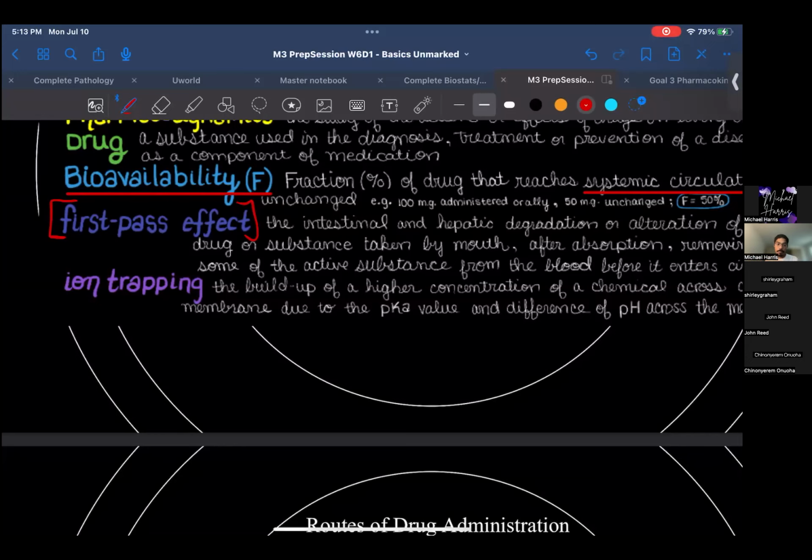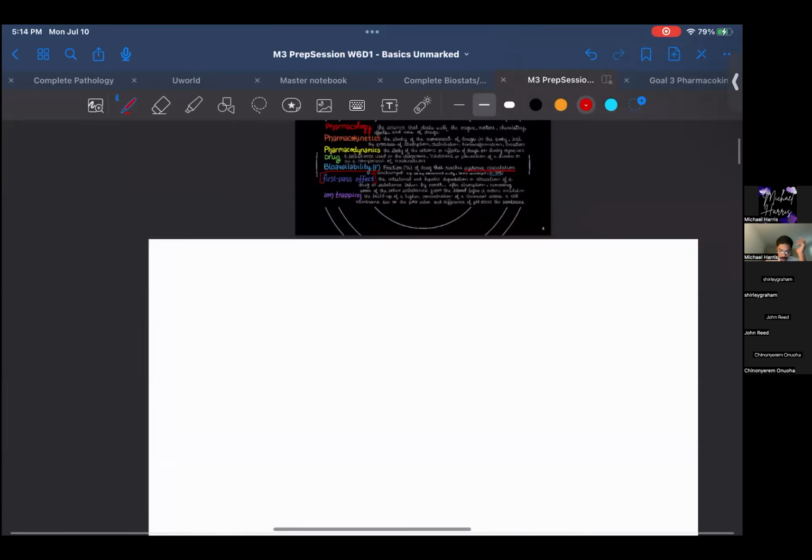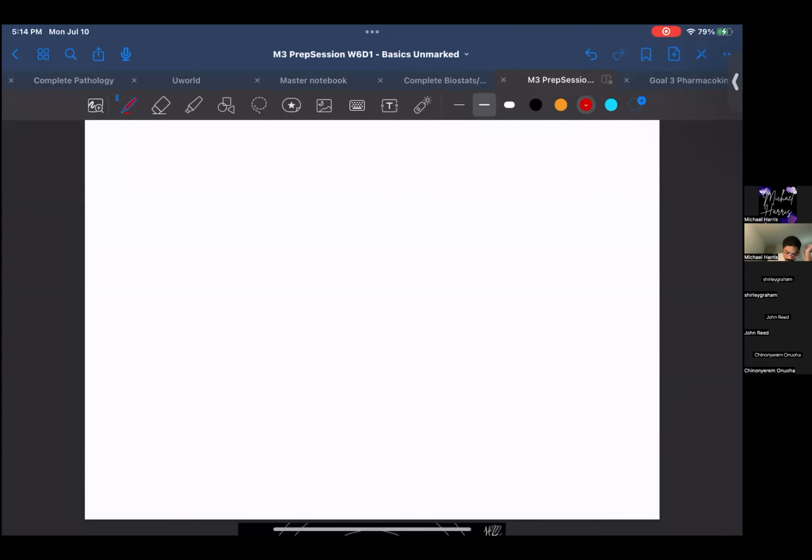Okay? All right. And then this last thing, definition-wise, is known as ion trapping. We're going to touch on this more and more, but the basis is this. You have cells, and these cells have phospholipid bilayers.